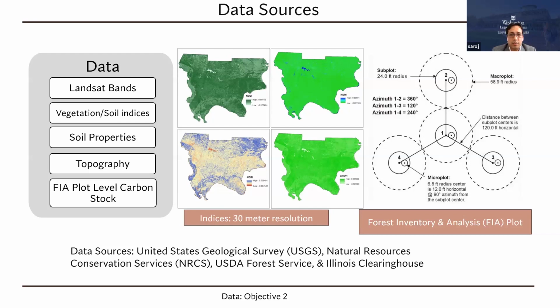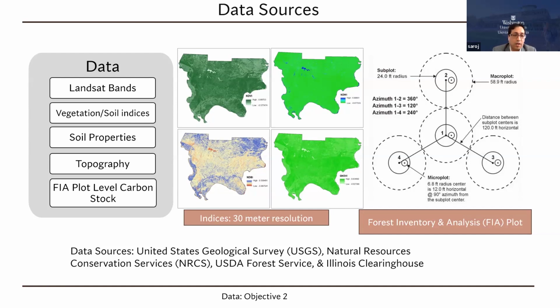So in the middle panel, you see a sample of different indices. These are not the only indices I used; I used around 26, 27 different indices for the model. On the right panel, it's a layout of an inventory plot by the USFS. So USFS collects forest inventory data based on this plot.